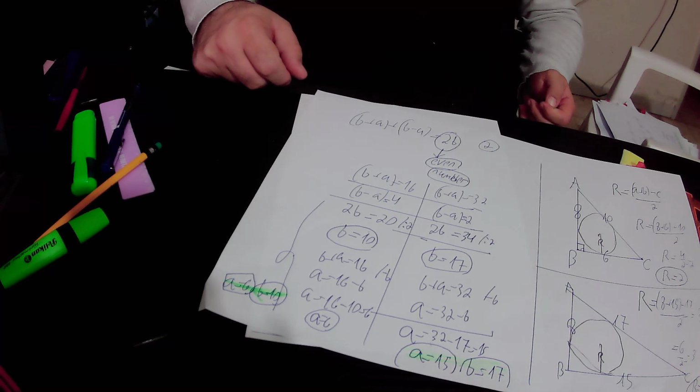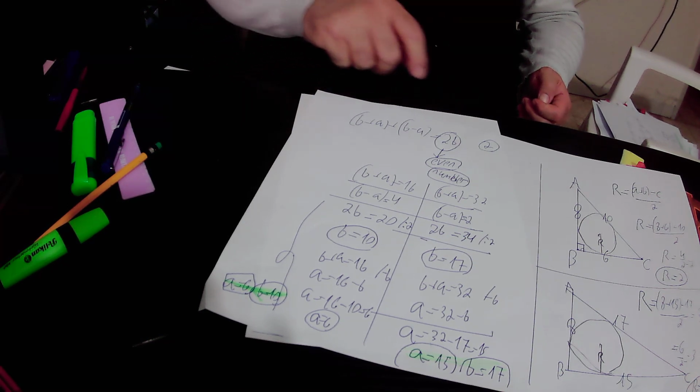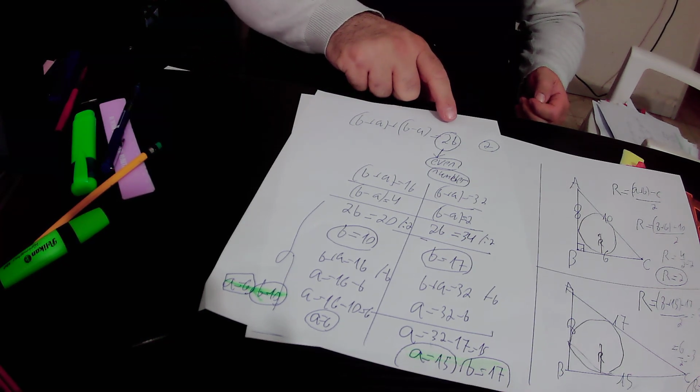So we found out that when we add the two numbers together, we must get an even number, because 2B is an even number, because B is a positive integer, and when you multiply a positive integer by 2, we get an even number.